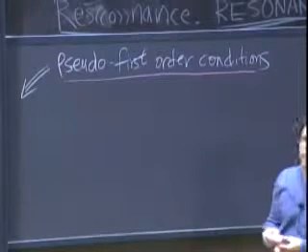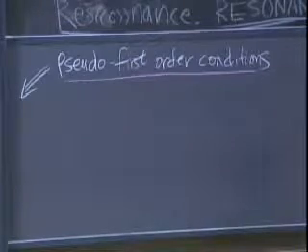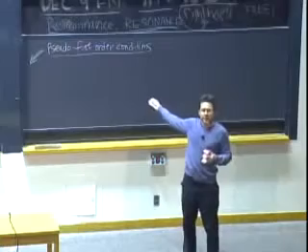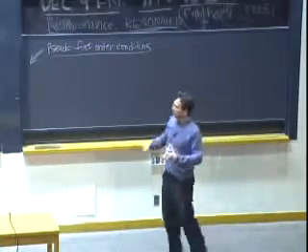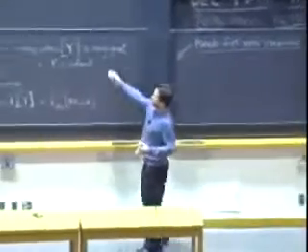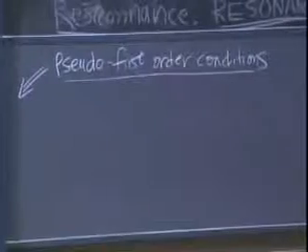And a lot of times, experimentalists will engender pseudo first order conditions by purposely using an entering group concentration that is very large.